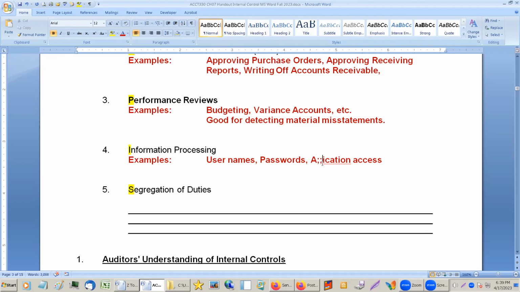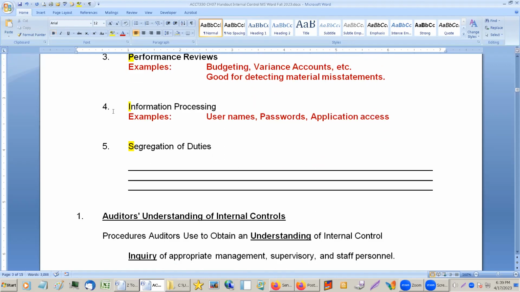So information processing, usernames, all that kind of stuff, but it also has things like input limits.